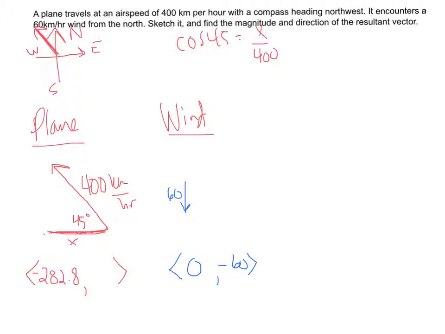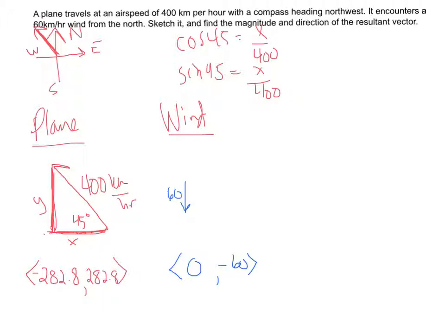And then the y direction is going up. That's the opposite. So we do sine of 45 equals y over 400. And if you remember your special right triangles, you know that the x and y are the same, so the y is going to be 282.8 as well.